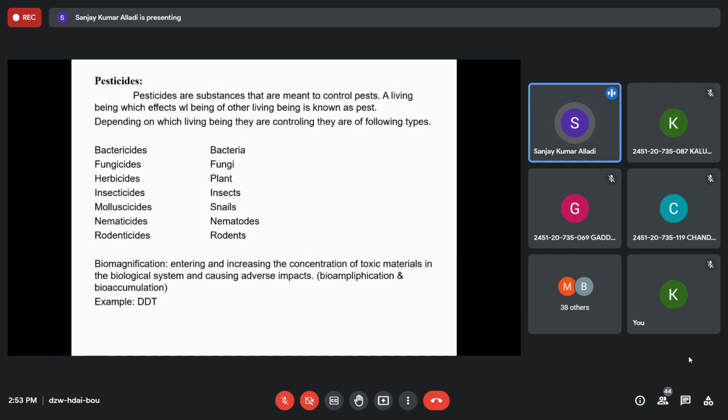But in 1936, a 37-year-old scientist called Paul Hermann Müller resynthesized the same material, taking the idea from the old German scientist. He identified that it has germicidal quality. This DDT was manufactured easily. It was a simple white amorphous powder.